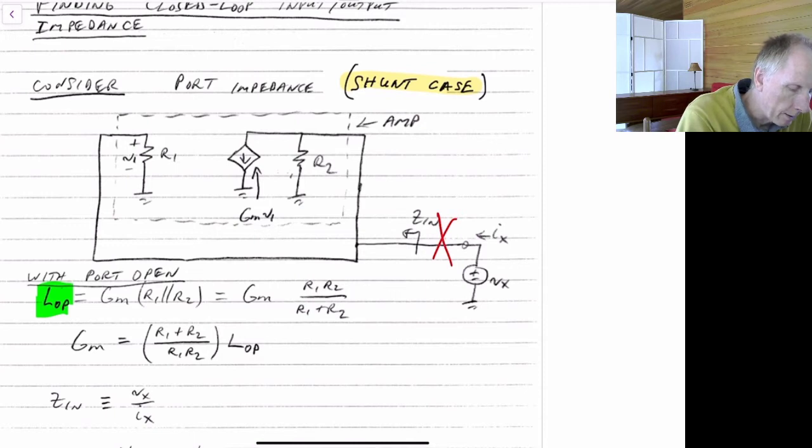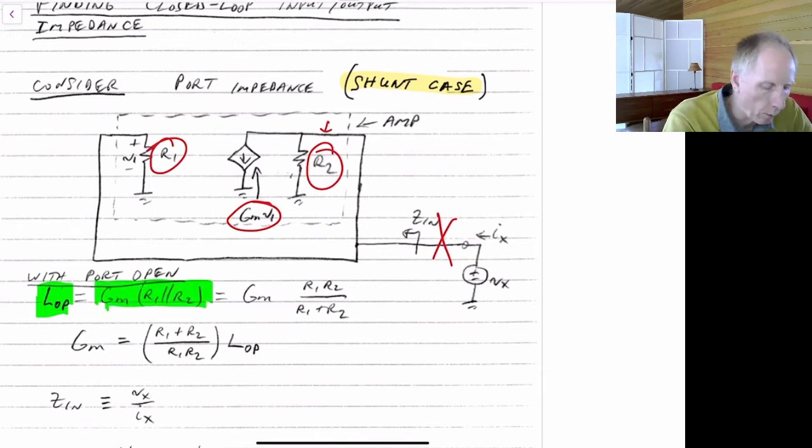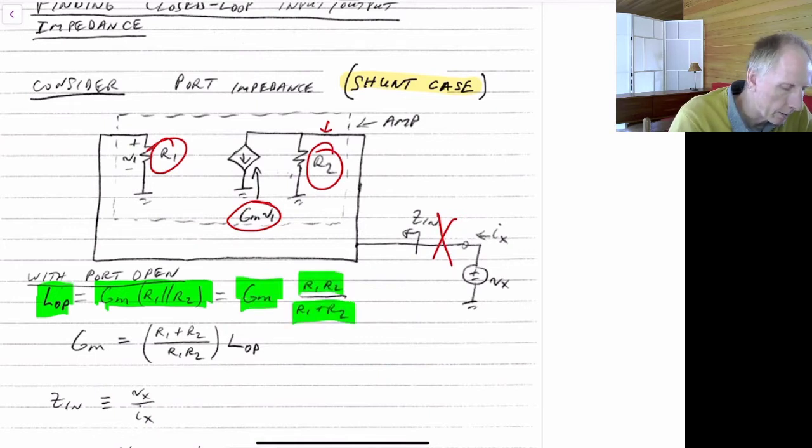Then the loop gain is just going to be the Gm V1 times the impedance we see at this node, which will be R1 in parallel with R2. We've seen how to do this before. The loop gain is equal to Gm times R1 in parallel with R2, which can also be written as Gm times R1 R2 divided by R1 plus R2.